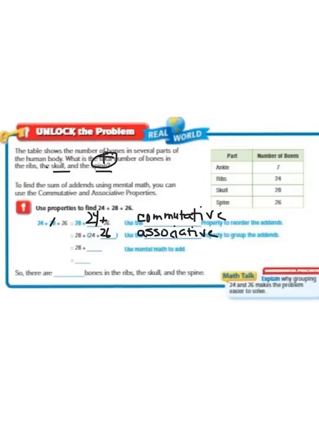So we know that 28, which is the number we brought down, plus the 24 plus 26 we have in parentheses, which equals 50. And that's to use mental math to add. So we know that 28 plus 50 equals 78. So there are 78 bones in the ribs, the skull, and the spine.